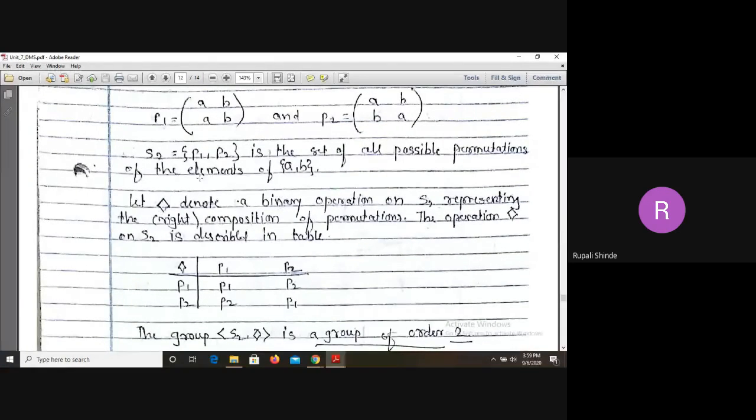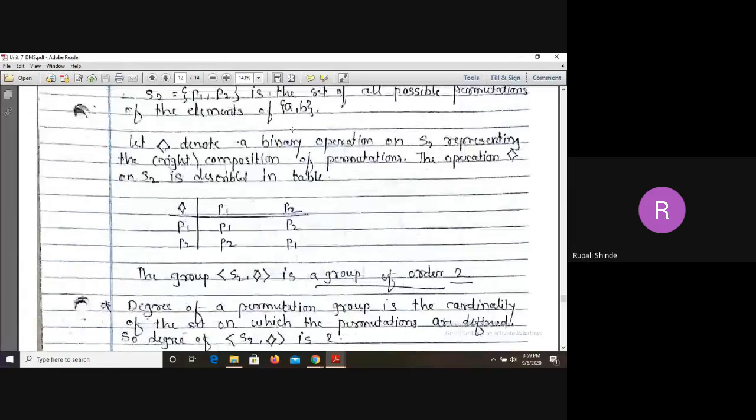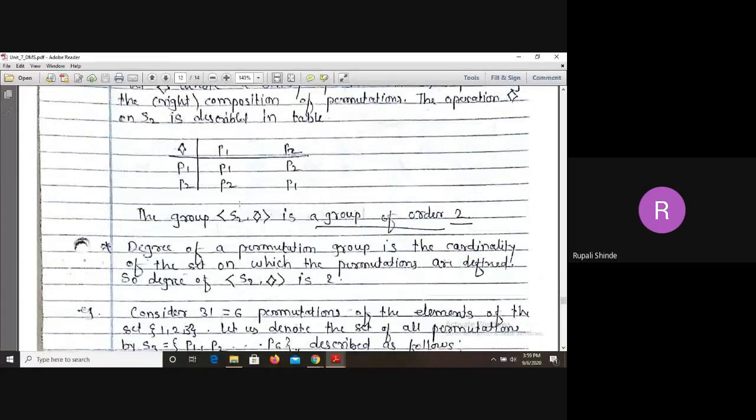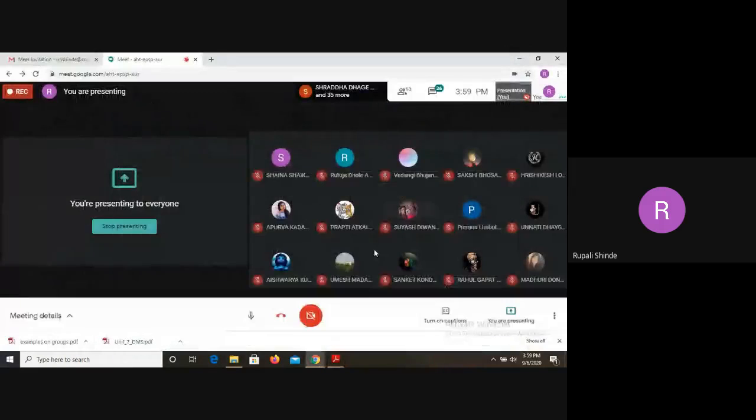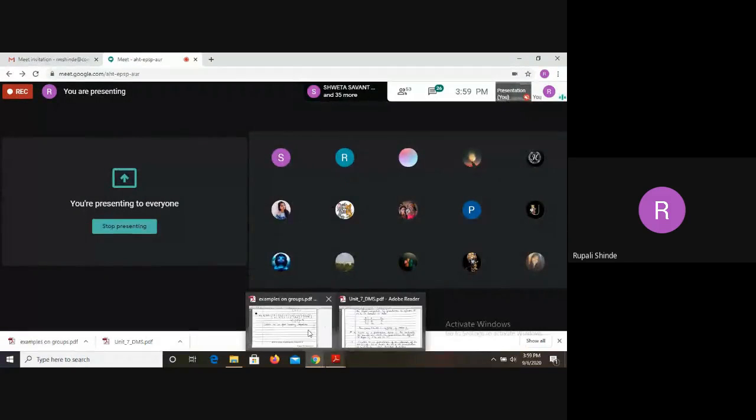That's why your permutation table will contain 2 rows and 2 columns. Now suppose we want to find the permutation between P1 and P1. So how to find this? I will show that example.